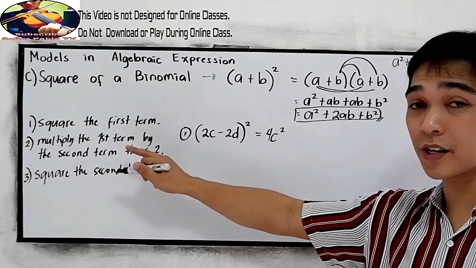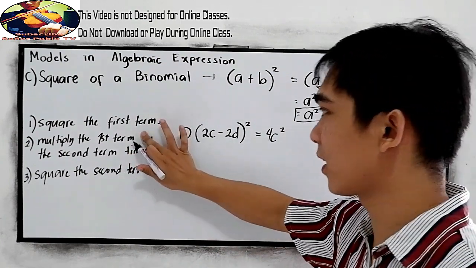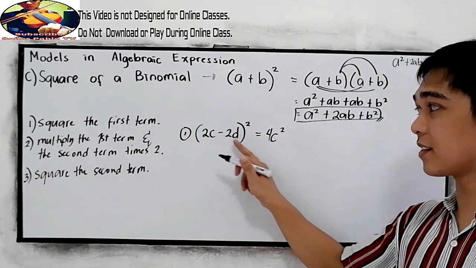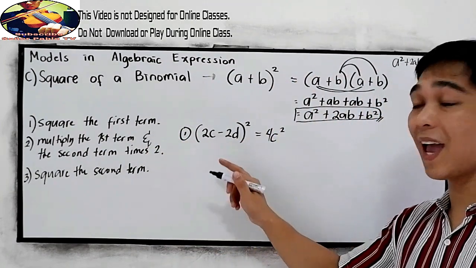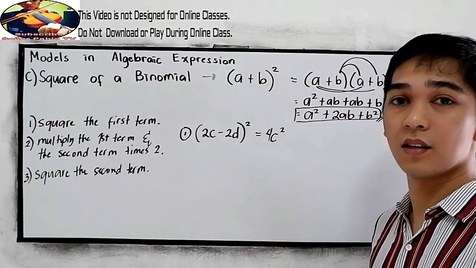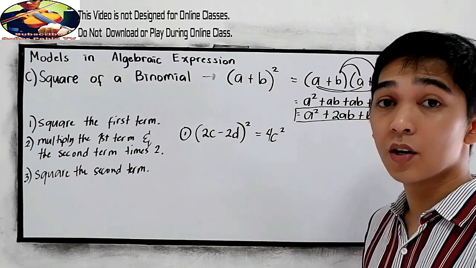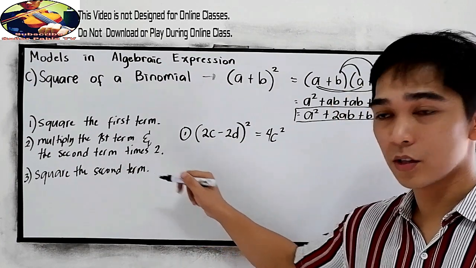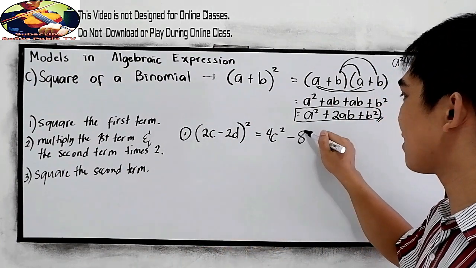Next, multiply the first and the second term. So multiply the first and the second term. That is 2C times negative 2D. That is negative 4CD times 2. So negative 8CD.